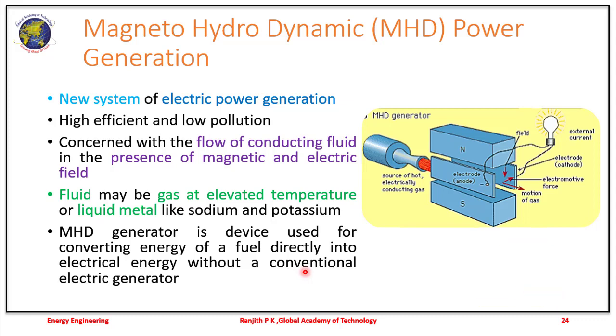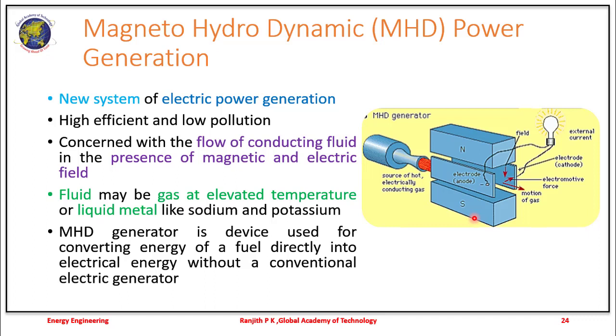The next topic is magnetohydrodynamic power generation, or MHD power generation. It is a new system of electric power generation which is considered to be very highly efficient and low on pollution. This method of power generation deals with the flow of conducting fluid.